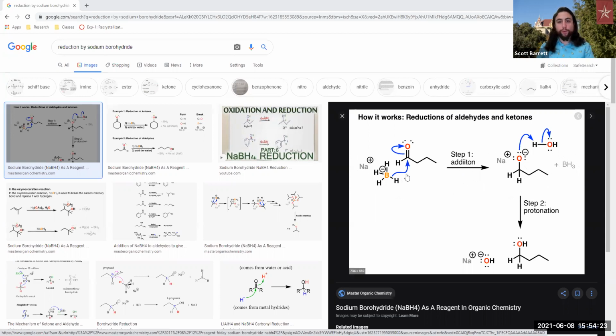So we let our borohydride come in, and then once we've reduced down our aldehyde or ketone, we want to add the water into our reaction vessel, so that our alkoxide can become a hydroxyl group. So then it finally takes our hydrogen, and we are left with, in this case, from an aldehyde, a primary alcohol.